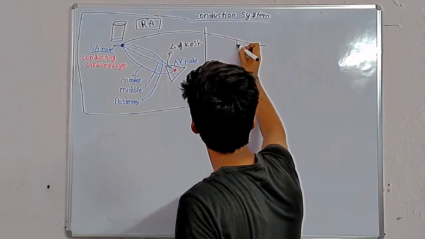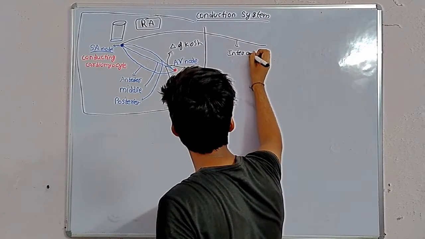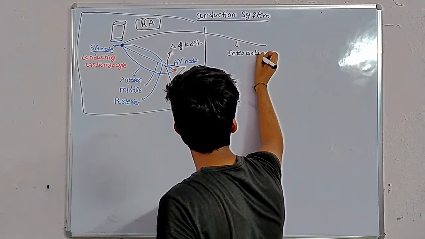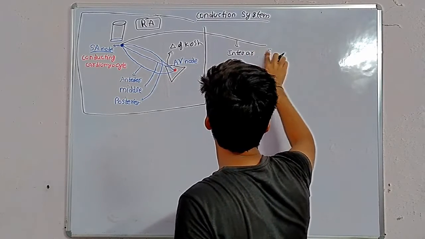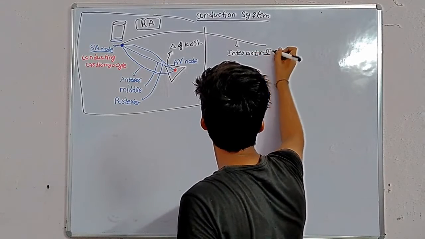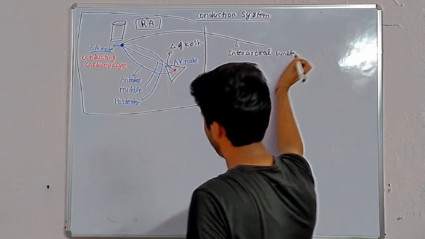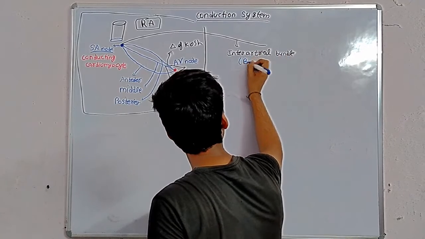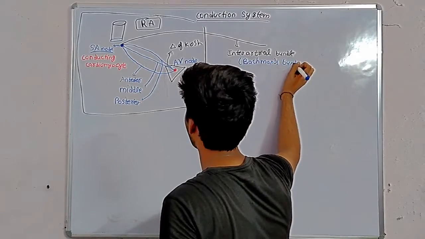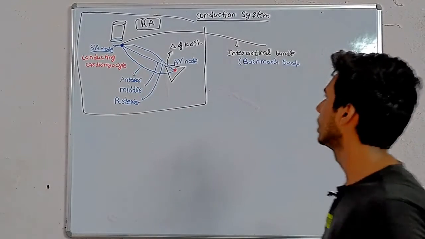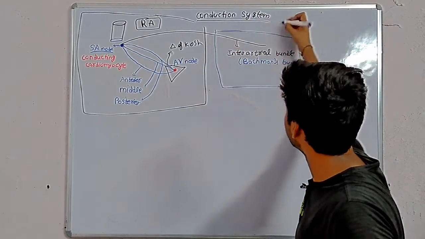This bundle passes from the SA node in the right atrium to the left atrium. It is called the interatrial bundle, or another name is Bachmann's bundle, which supplies the impulse from the right atrium to the left atrium. This is the left atrium.